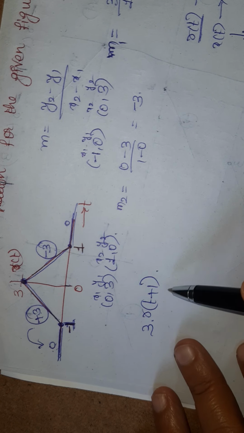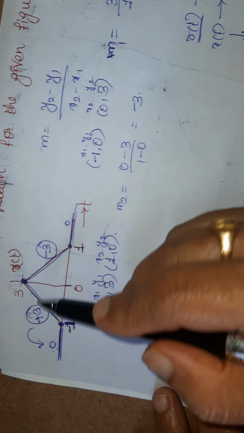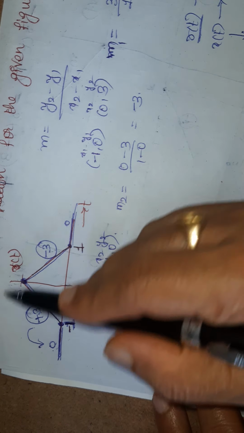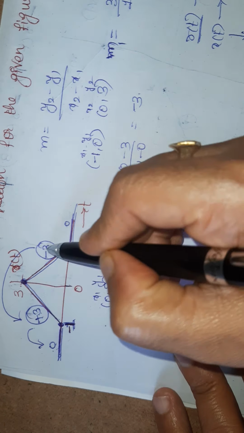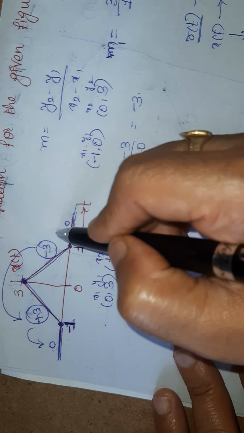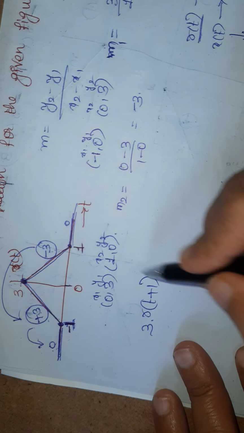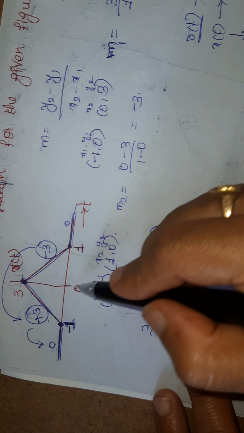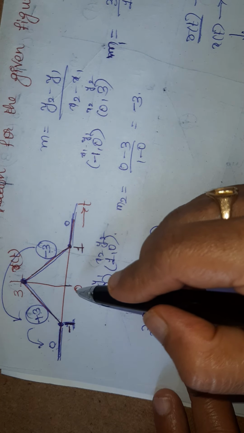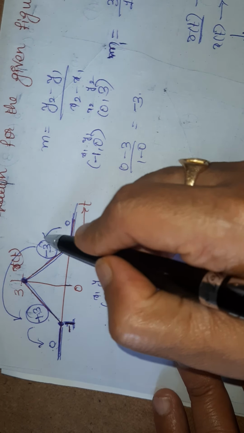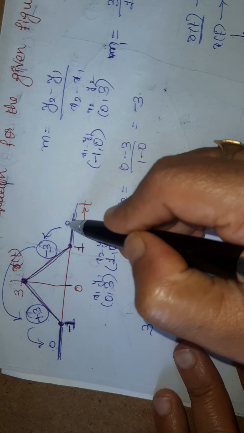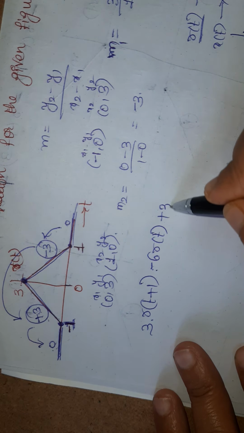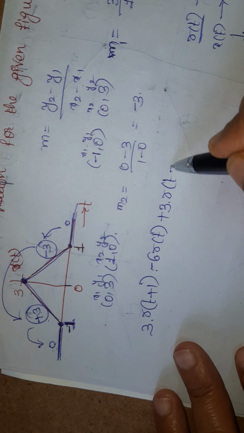At t is equal to 0, having the slope change, that's why we have to write minus 3 minus 3, minus 6, and I will write it as r of t because at t is equal to 0. Next, what is the slope change? Here it is 0. 0 minus of minus 3 is plus 3. Plus 3 into r of t minus 1.